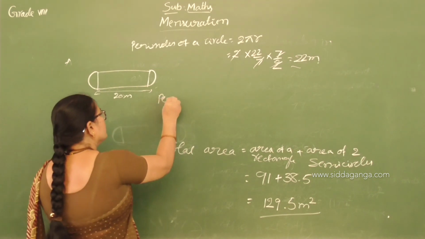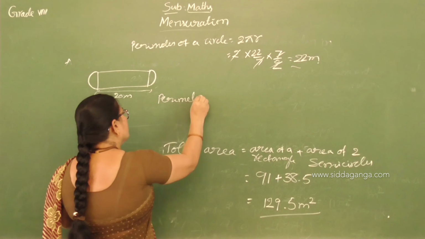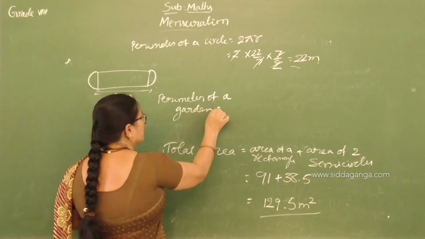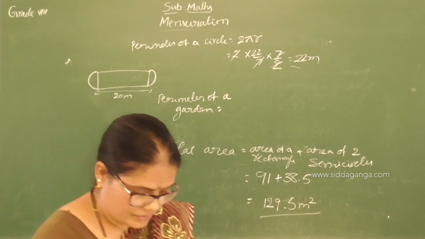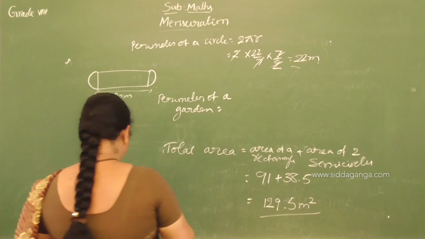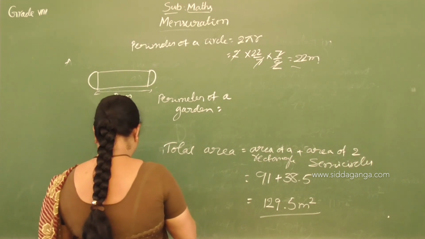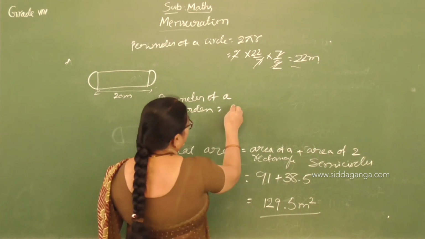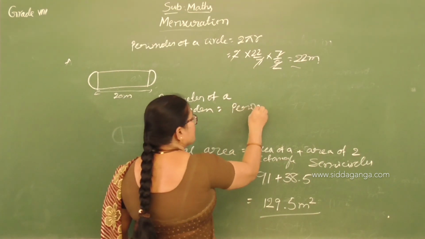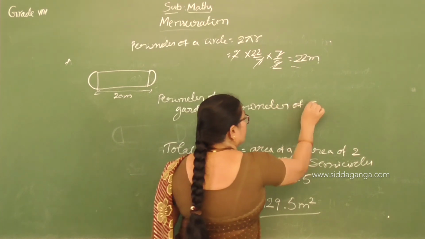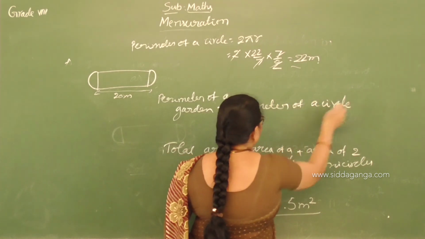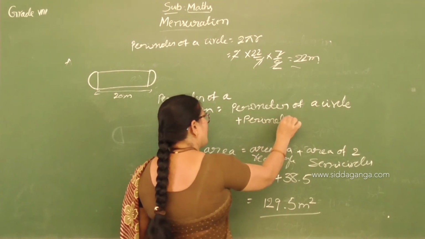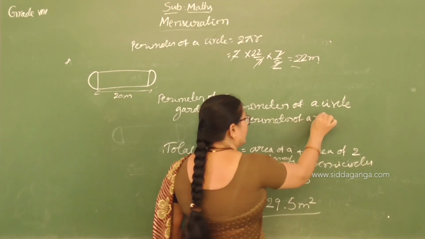So perimeter of a garden is equal to perimeter of a circle plus perimeter of a rectangle.